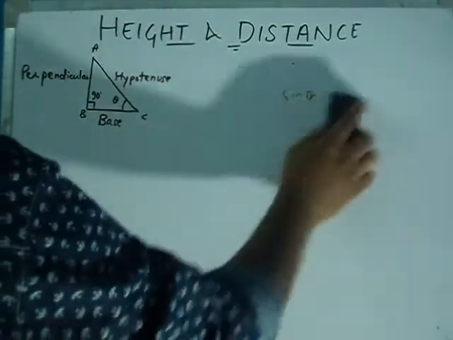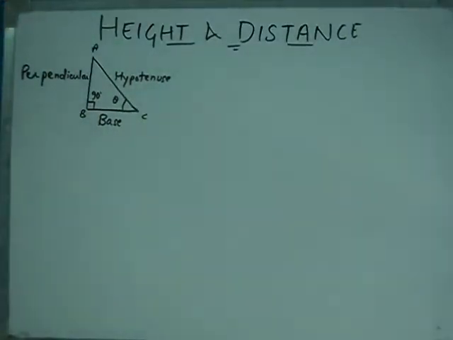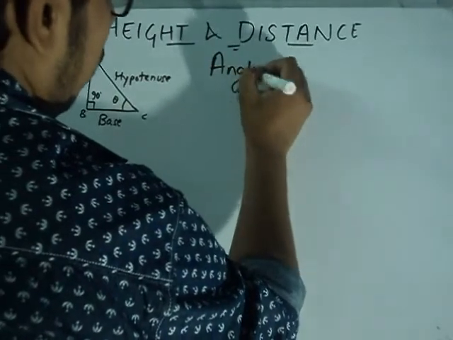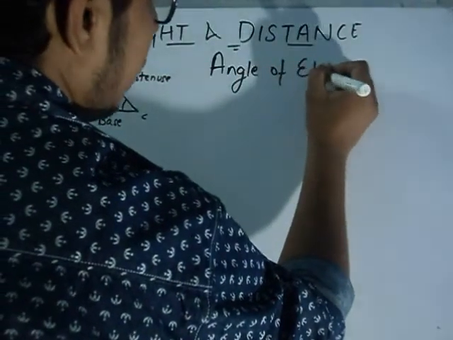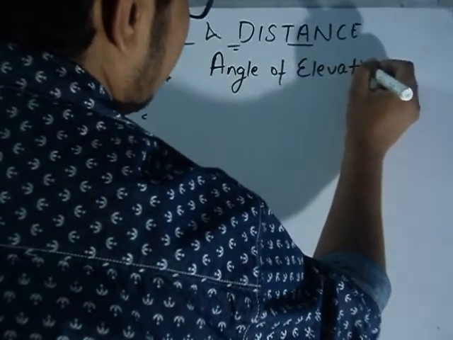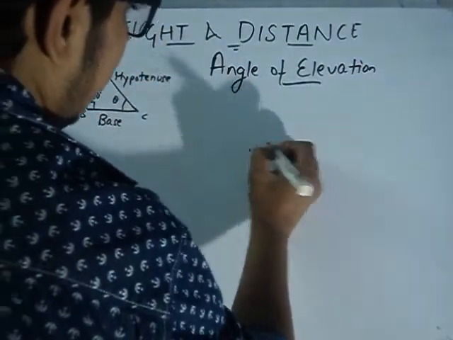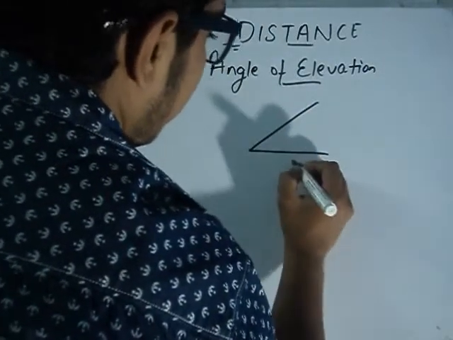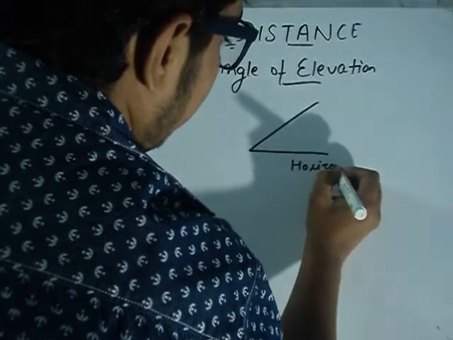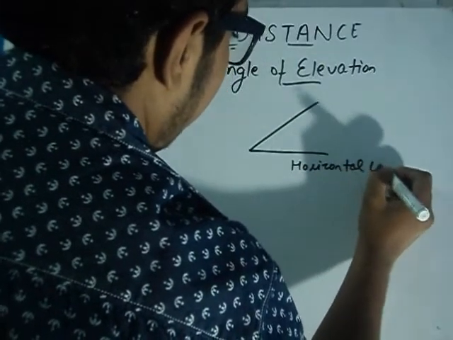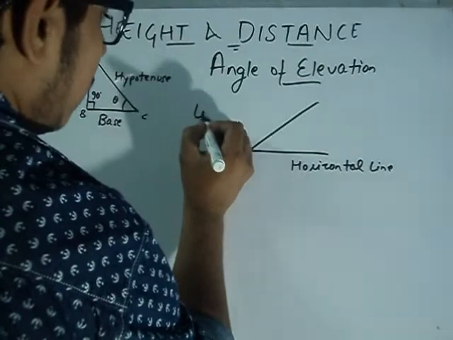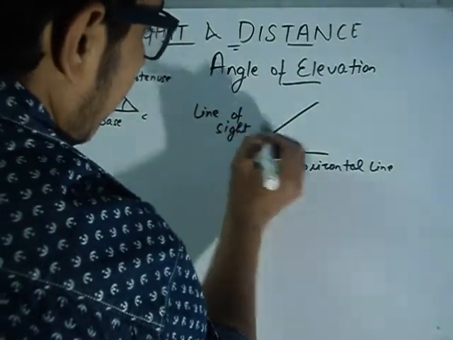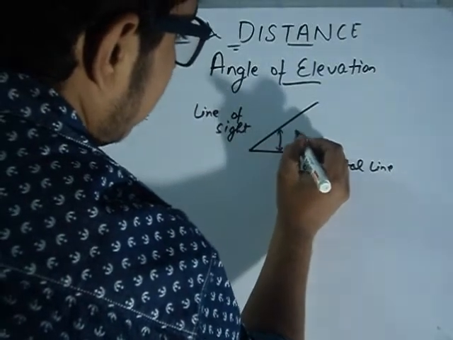In height and distance we have to focus on two main things. What are they? We have the angle of elevation. What is it? Suppose a person is standing on the ground and looks at a point above, like this. This is a horizontal line and this is the line of sight, and this is our angle of elevation.